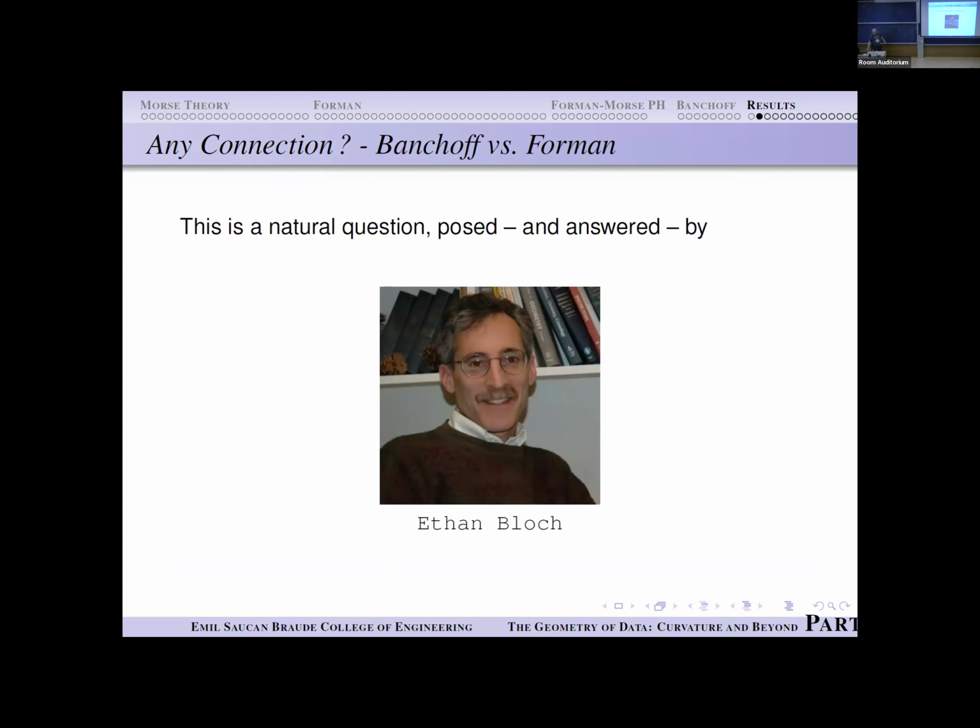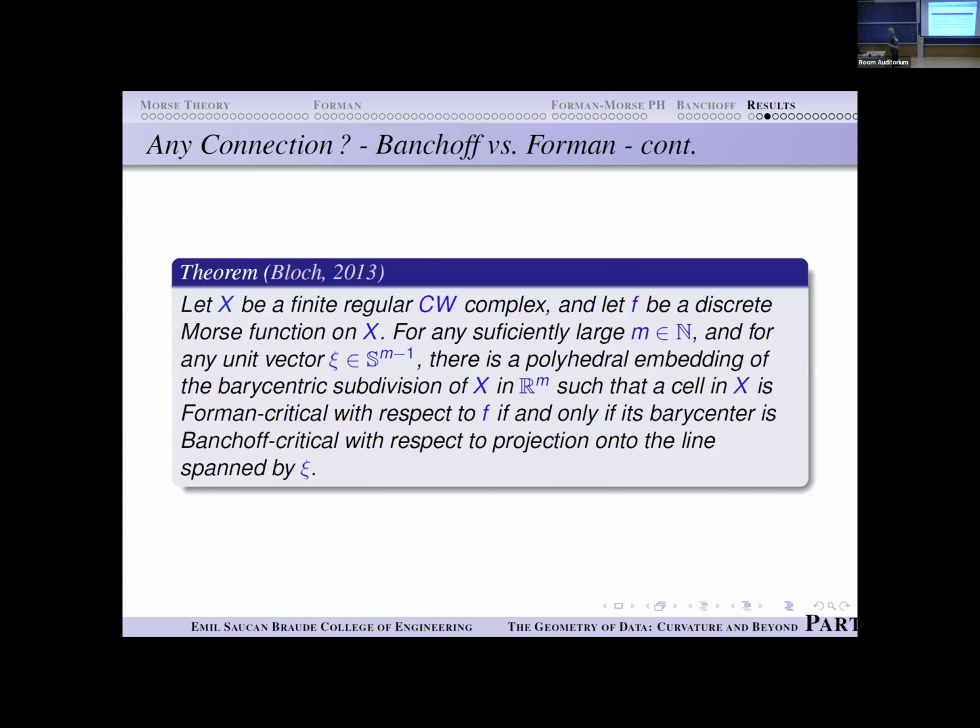And we saw that there is a connection indeed, which says that you can pass through one type of discrete Morse theory to the other one just by taking the subdivision, and instead of having critical cells in Forman taste, you'll have critical vertices in Banchoff approach, or Banchoff flavor.